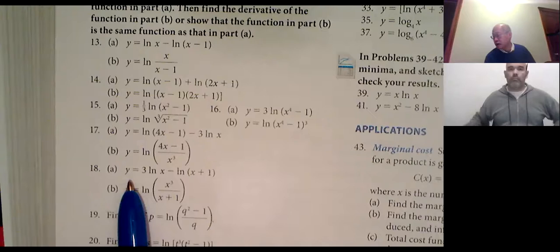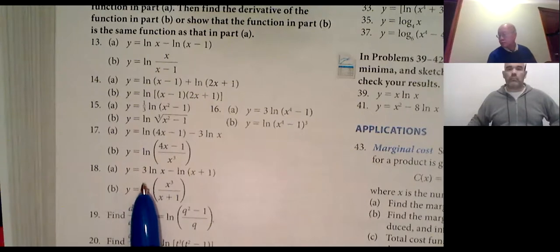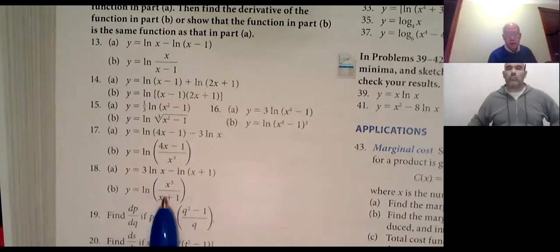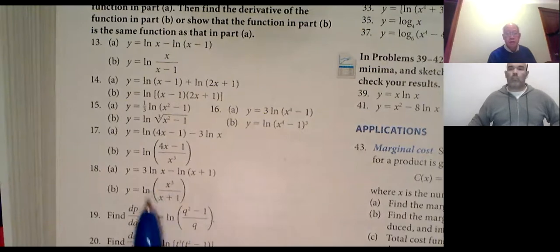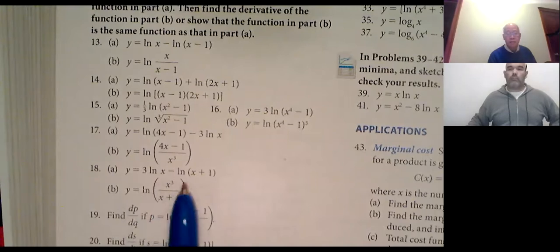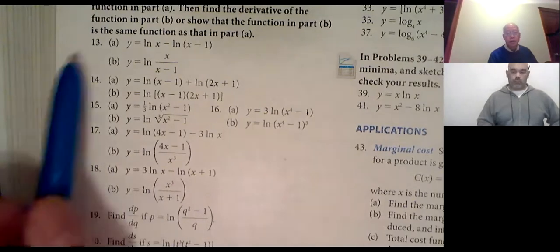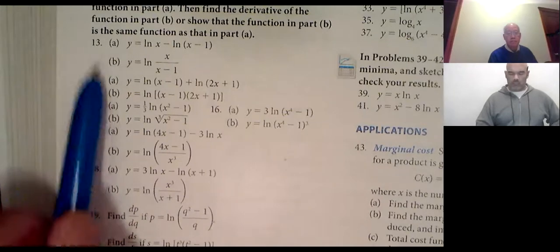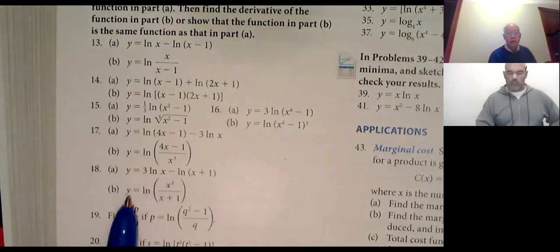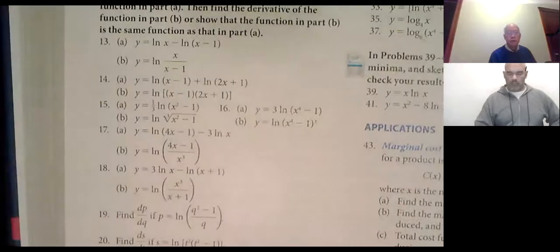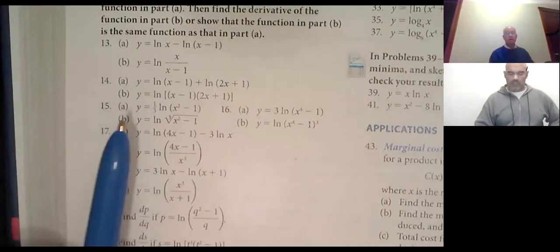This one looks pretty hard, right? You'd have to go 1 over that thing, and then times the derivative of this, which is quotient rule. This is much easier because it's ln of x cubed minus ln of x plus 1, and then the 3 gets to come in front. So A and B are the same for 13 through 18. That's the bottom line behind all these.